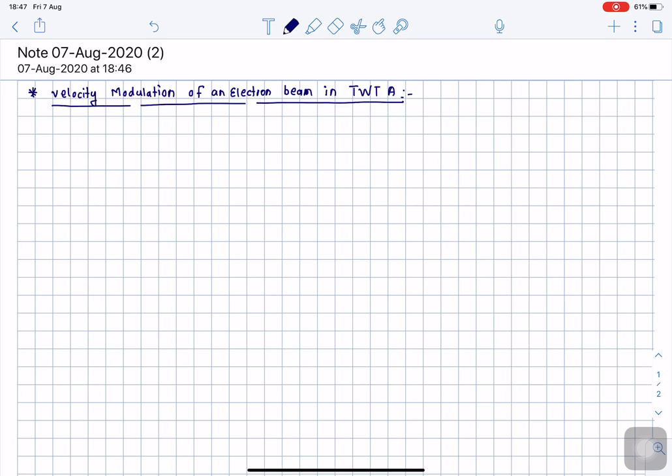So what we want to derive is a mathematical relation which will show how the electron beam in the traveling wave tube amplifier is getting velocity modulated, right? So what we can do is write the axial electric field equation which is propagating in the axial direction in the traveling wave tube amplifier.